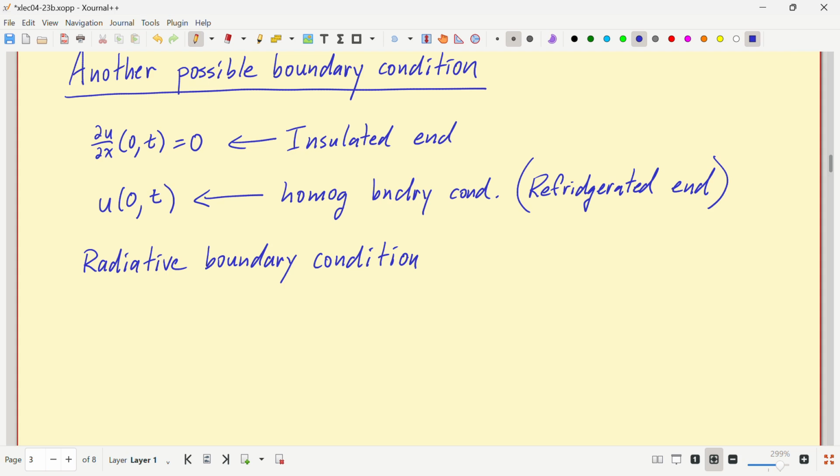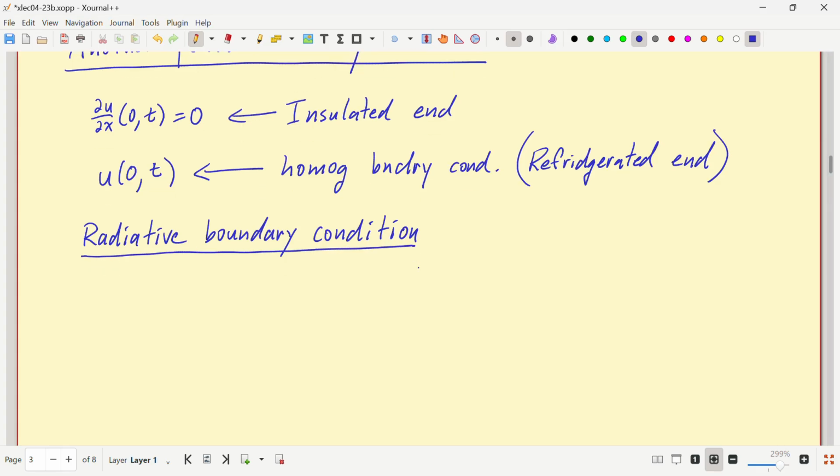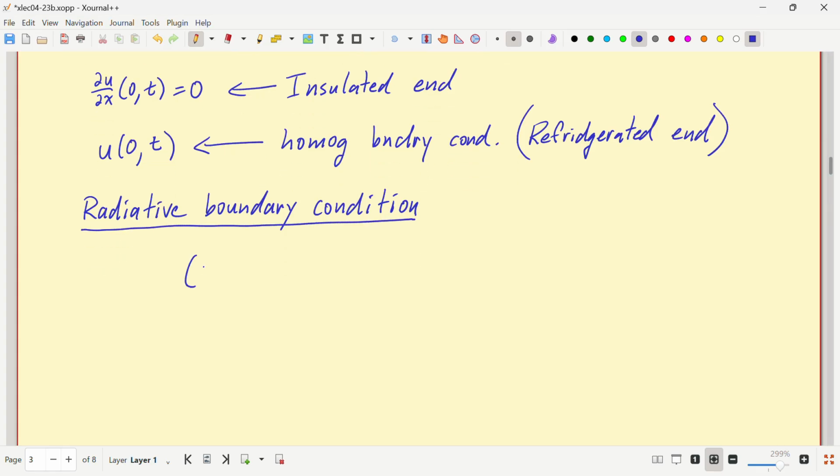And so if it's bleeding out heat, then it would definitely be cooling. And so the radiative boundary condition is that, let's see, what is it? The rate of heat loss would be equal to the heat flow. The rate of heat loss would be the rate of heat flow.